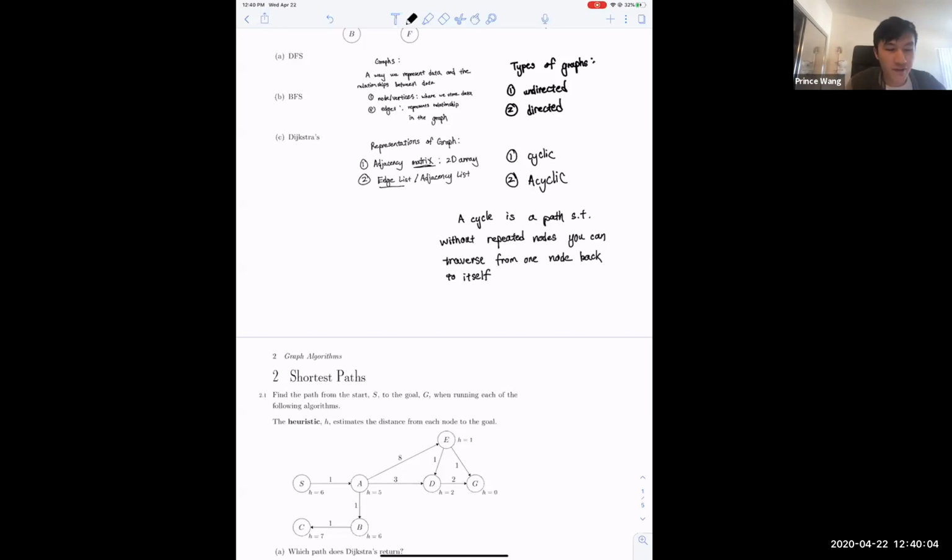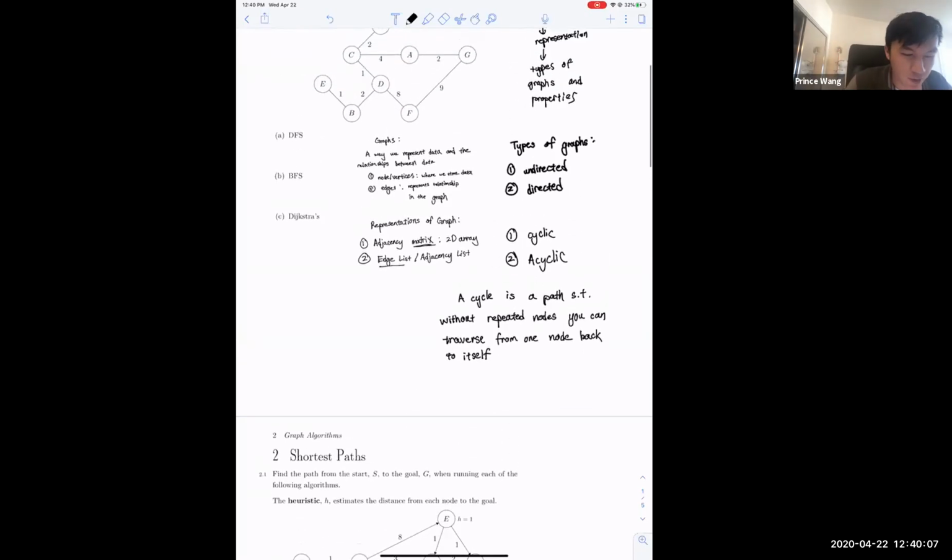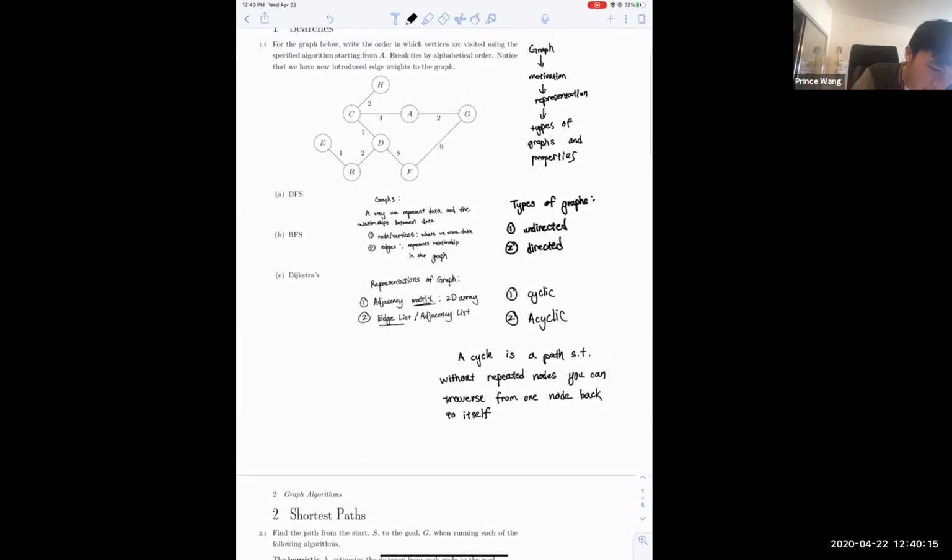So what is a path? A path is just a sequence of nodes and edges that allows you to move from one node to another. So for this graph, a path will be from E to B, from B to D, and from D to C. That is a path from node E to node C.